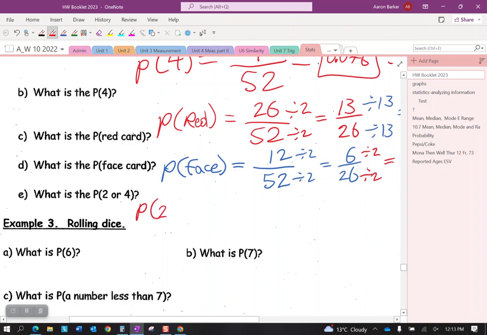Probability of 2 or 4 equals, 52 cards in a deck. Yes, question? Okay, so how many 2s or 4s are there?